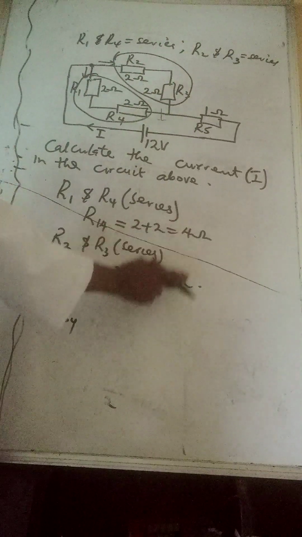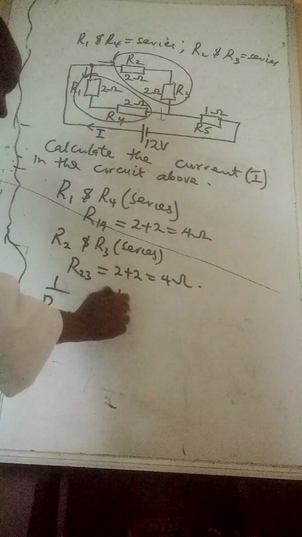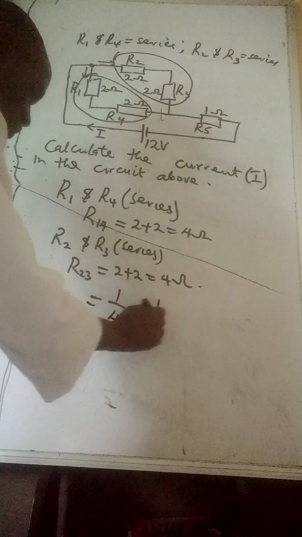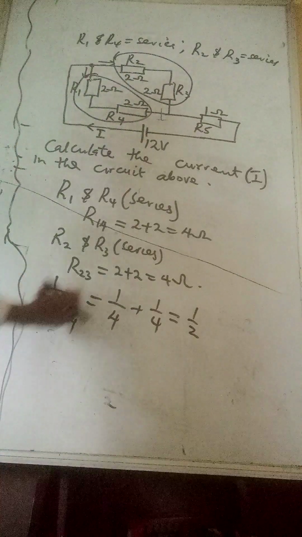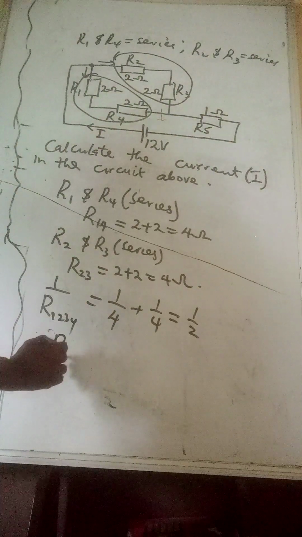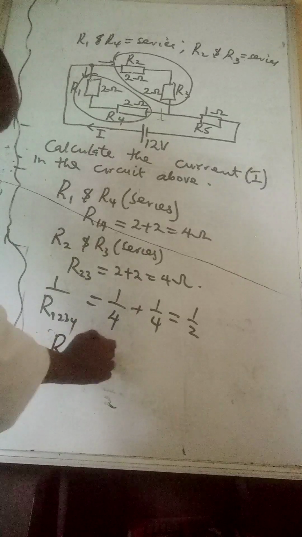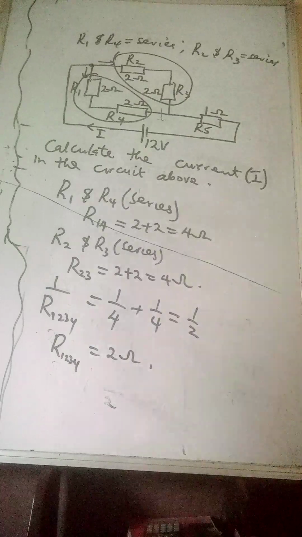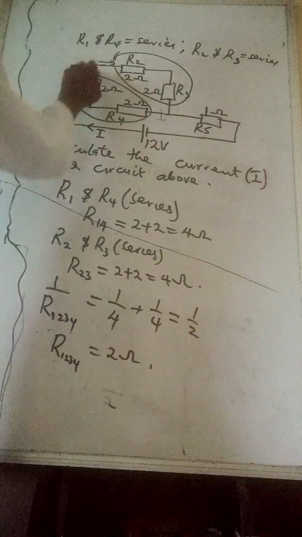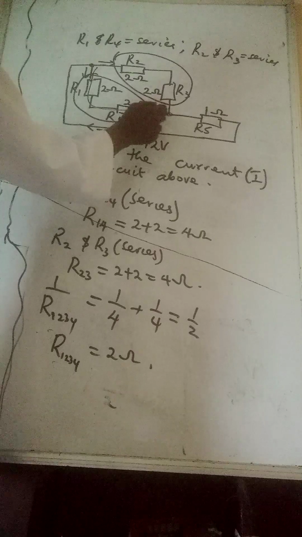That will be 1 over 4 plus 1 over 4, which is 1 over 2. So by the time you turn this upside down, R1234 will be equal to 2 ohms.